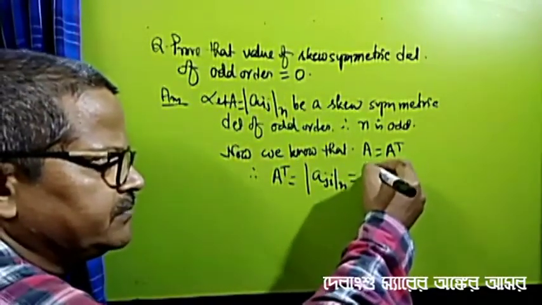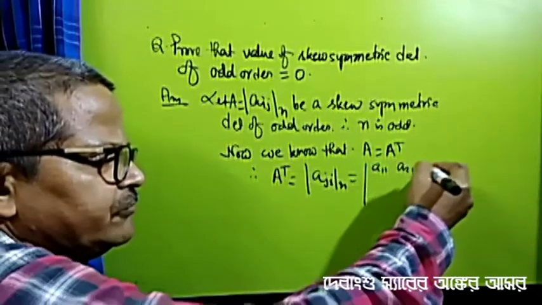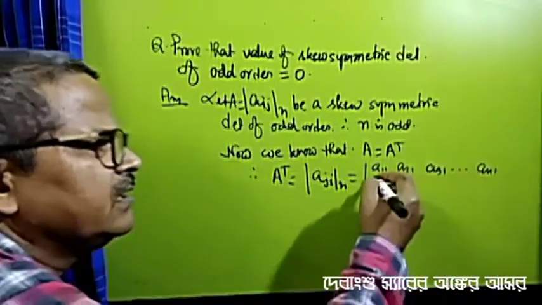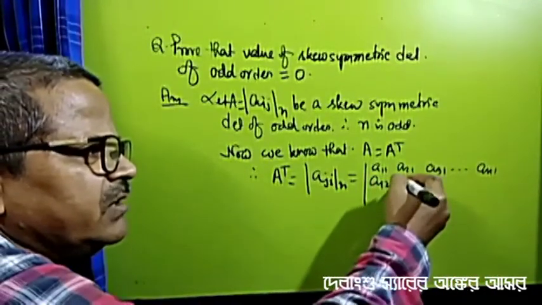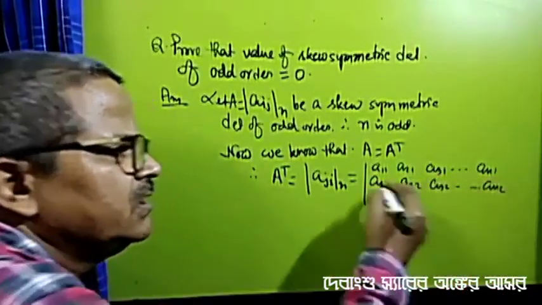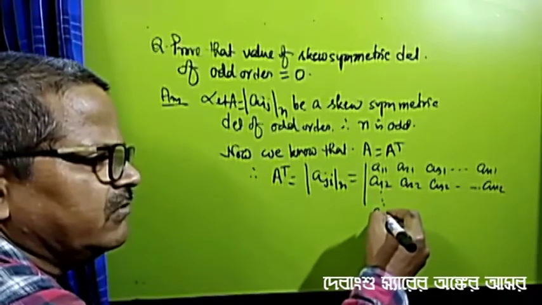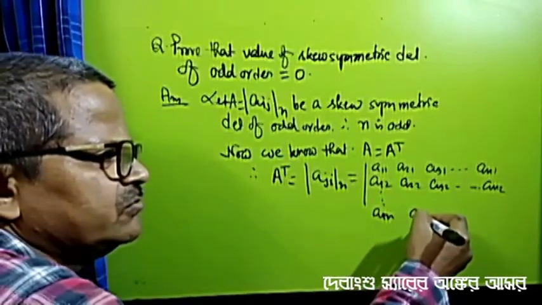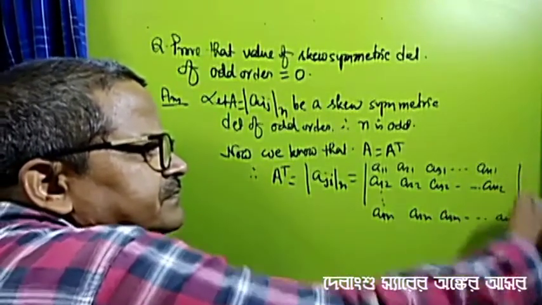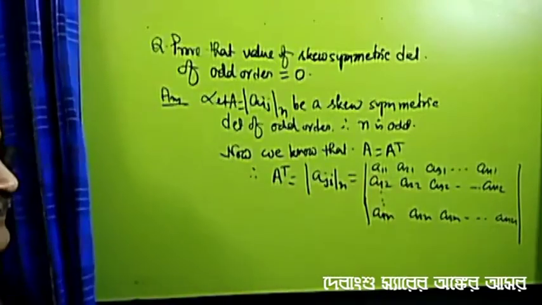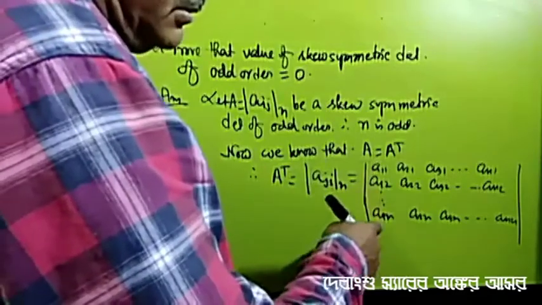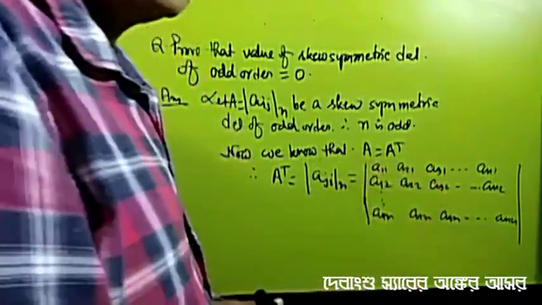That is, it will be of the form A11, A21, A31, ..., An1, A12, A22, A32, ..., An2, A1n, A2n, A3n, ..., Ann. Clear? Previously this was the first row, second row, third row, now they become columns.